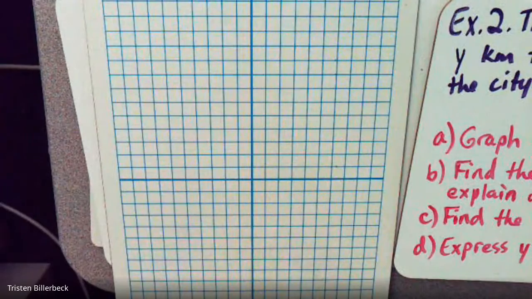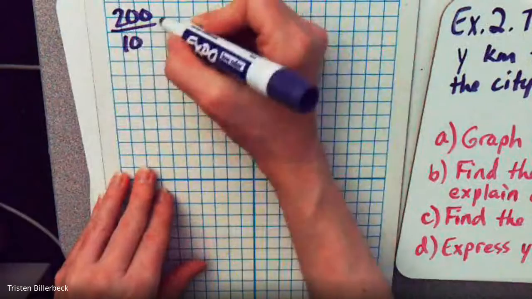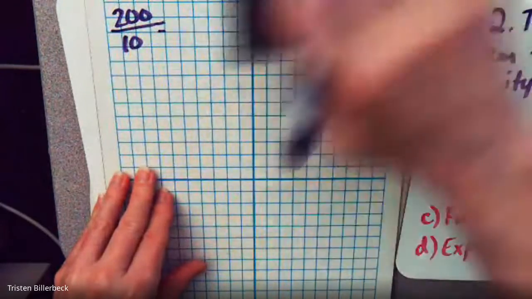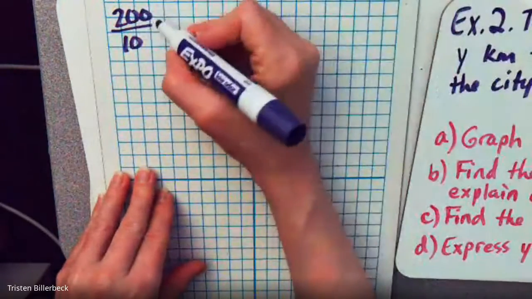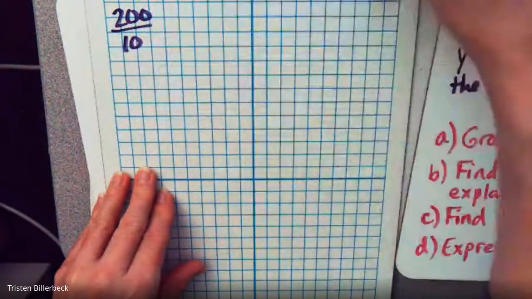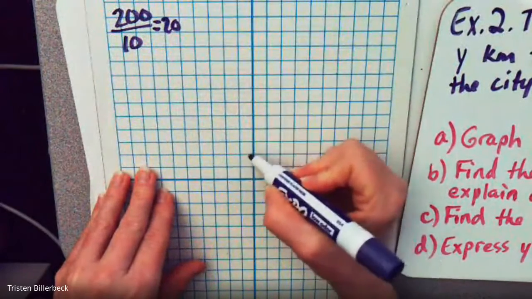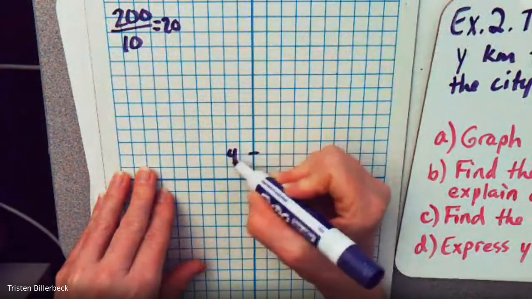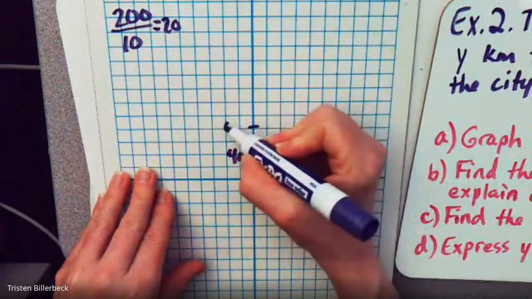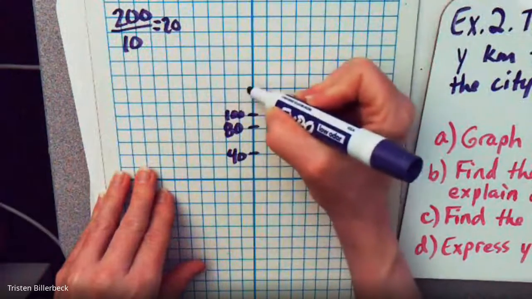So 200 divided by 10 means that maybe each one of my verticals should be 20. So if that's true, this is 40, this is 80. I've got my 100 right here.